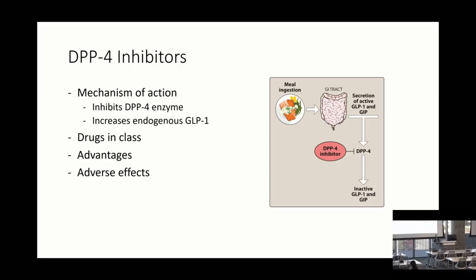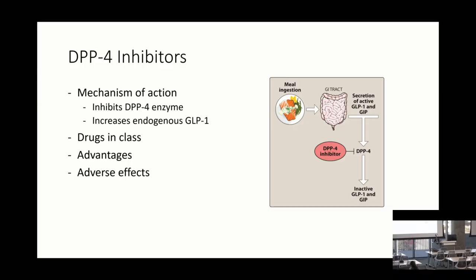And then I think this is probably one of the last slides. DPP-4 inhibitors, the way they work is they inhibit the breakdown of endogenous GLP-1s. So the bottom line is they try to increase the endogenous GLP-1 available to the patient. Obviously, the patients with diabetes, we talked about this, they have decreased GLP-1 to start with.